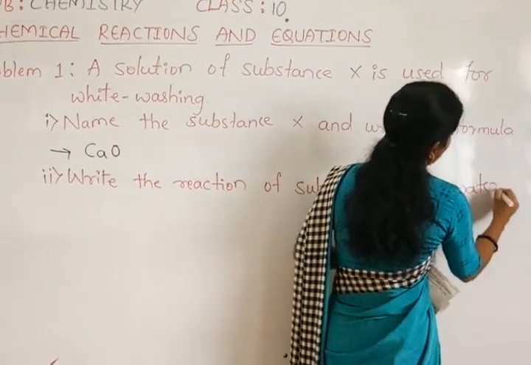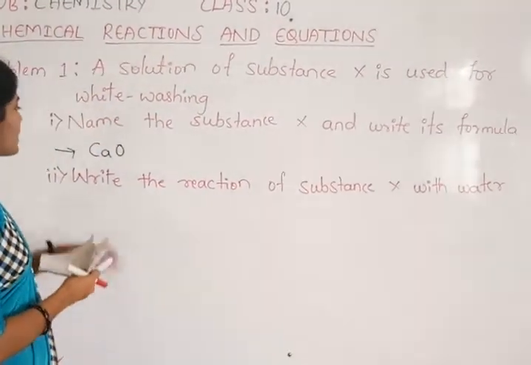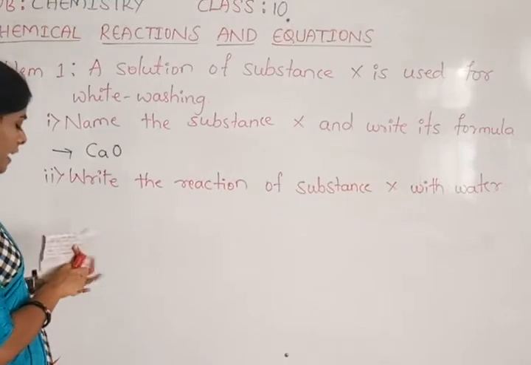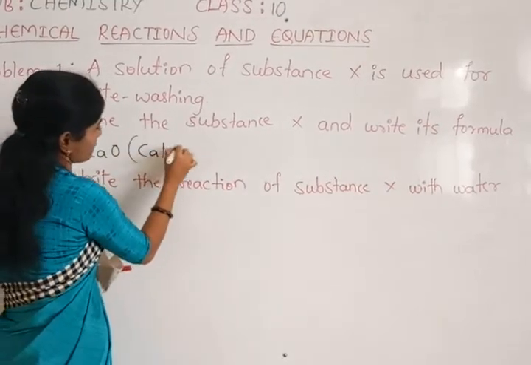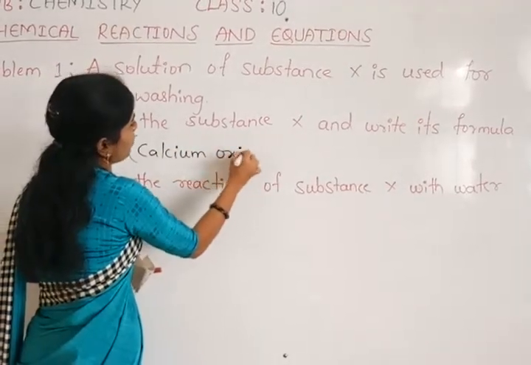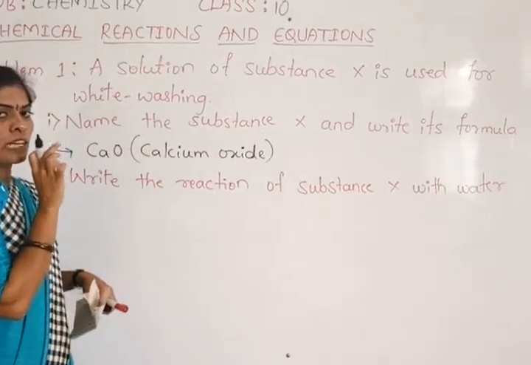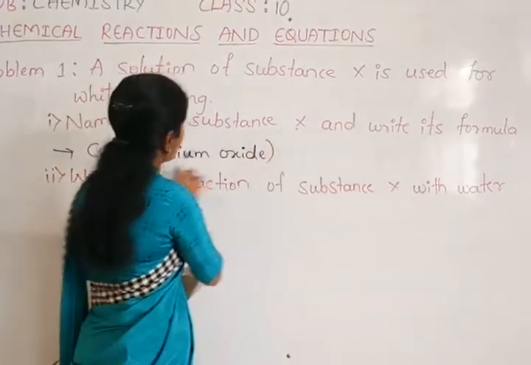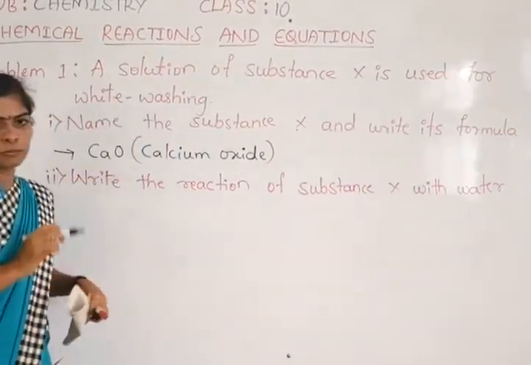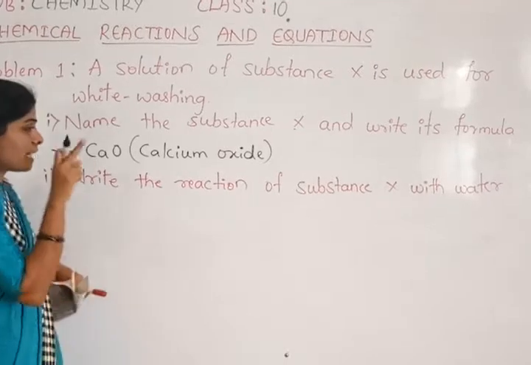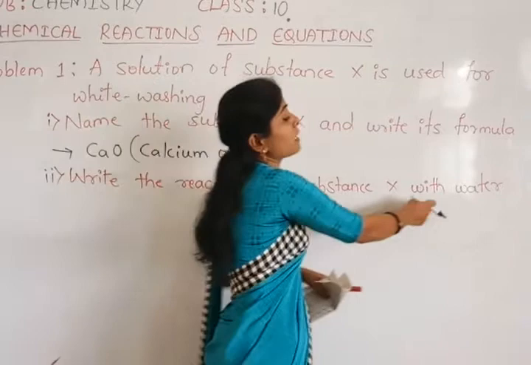So the substance X is calcium oxide, CaO. This calcium oxide is used for whitewashing. So the substance X is calcium oxide and its formula is CaO. And then what does the second question ask? Write the reaction of substance X with water.